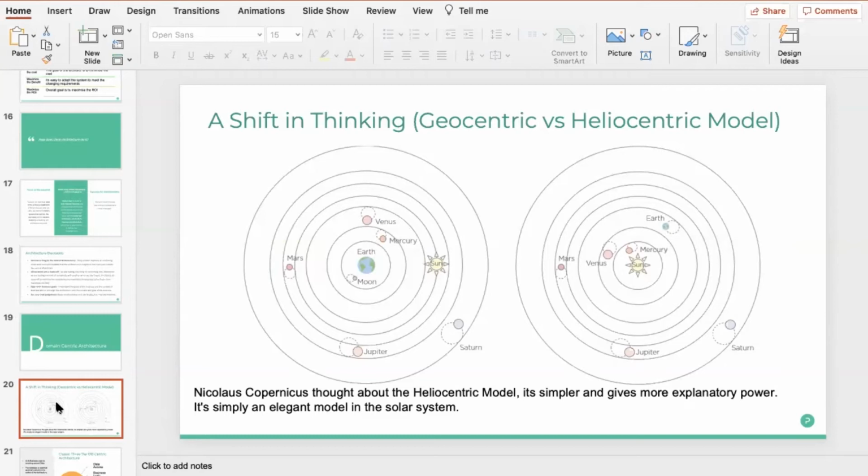At a later point of time, people found that the geocentric model was not accurate, because the geocentric model says that Earth is in the center and everything is revolving around the Earth. That was the science we had in those days, and people believed that was the actual thing happening.